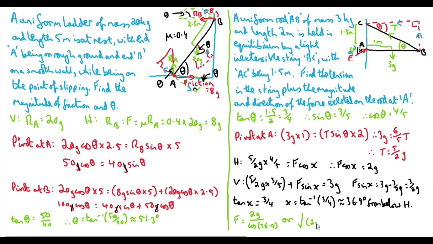So you end up with 2g squared plus 3 over 2g squared, or square rooted. Either way, you end up with approximately 2.5g newtons being your magnitude of that force exerted by the wall on A.